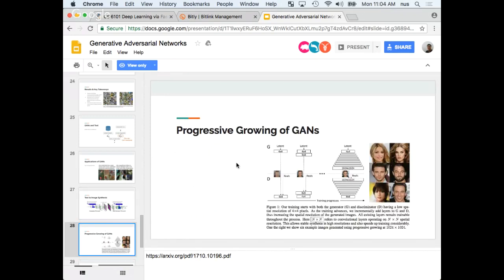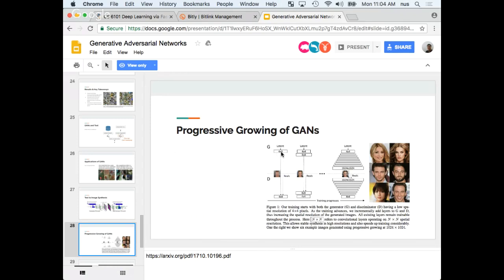The second one is something called progressive growing of GANs. If anyone actually went for the NVIDIA talk, the speaker spoke about precisely this. This is the work done at NVIDIA. The basic idea is that instead of trying to generate this huge 1024 by 1024 image initially, they start off small.